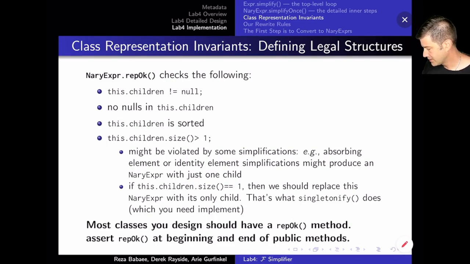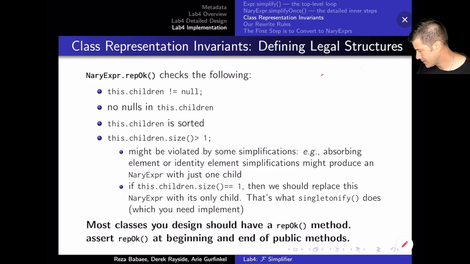And of course, many of those invariants may be violated in the middle. That's why we only check them before the simplification rules and at the end, not at each simplification rule by itself. And in order to guarantee this one, this is where we have the singletonify. Whenever you simplify an expression and it's now of size 1, then you can just replace it by the child as opposed to the expression.